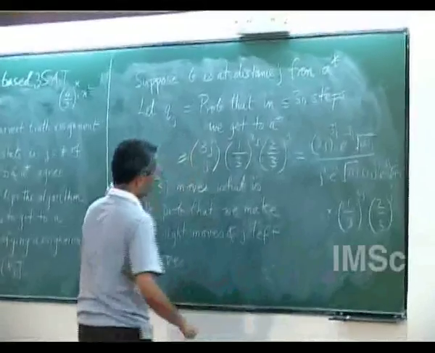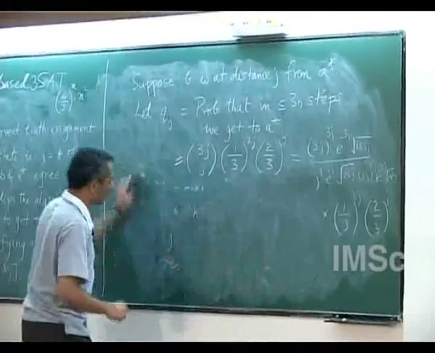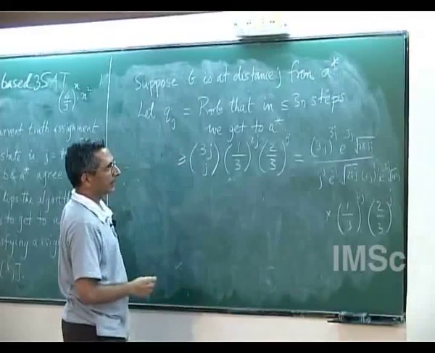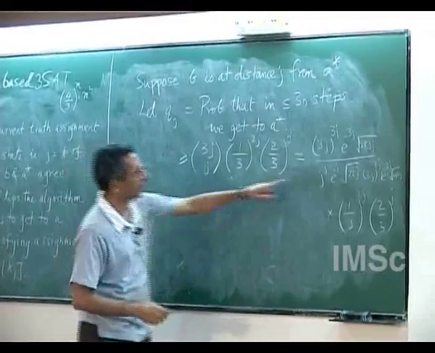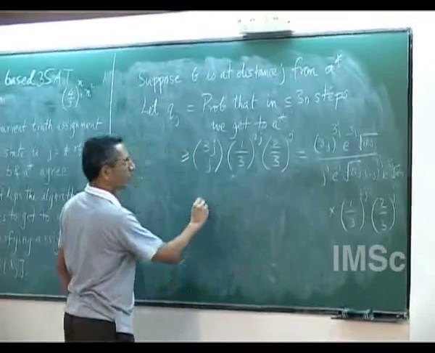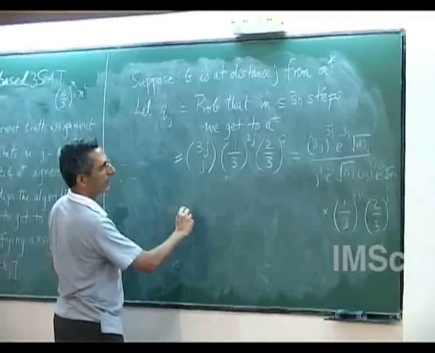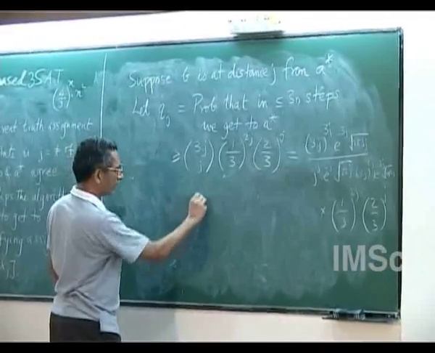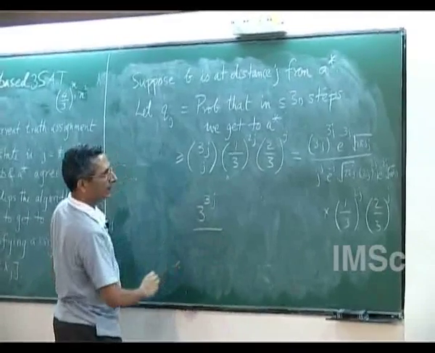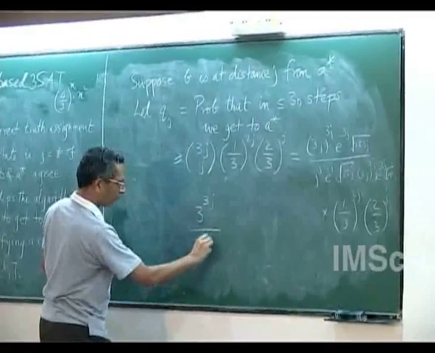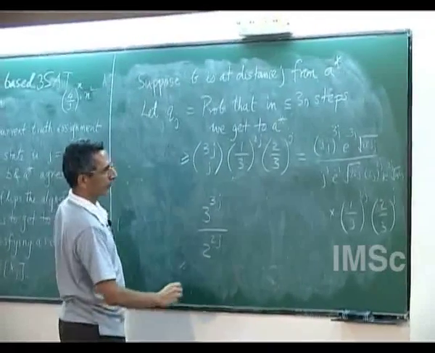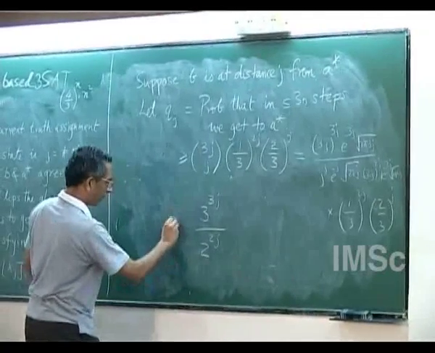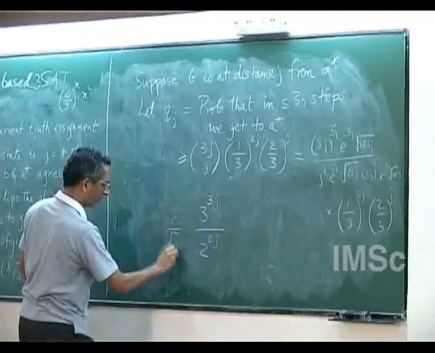Now let me erase this and complete the calculation here quickly. The e to the minus terms will vanish, and the j to the 3j, you have j to the 3j below as well. So what do you have up there which you don't have below? You have 3^(3j) divided by 2^(2j), and some constant times divided by square root of j extra.